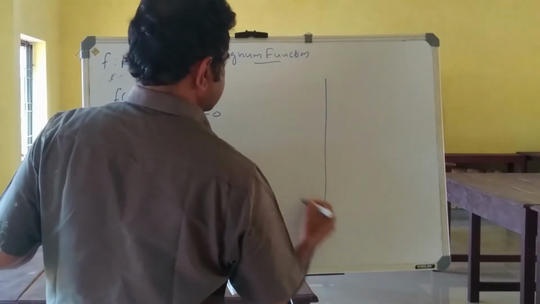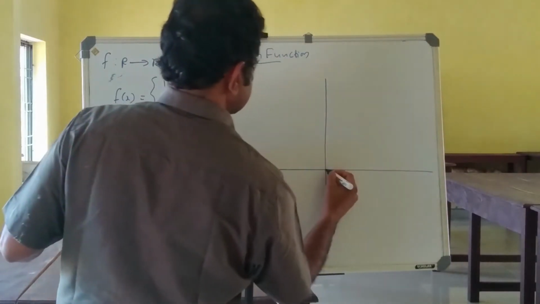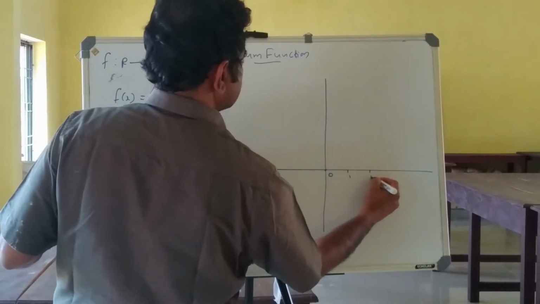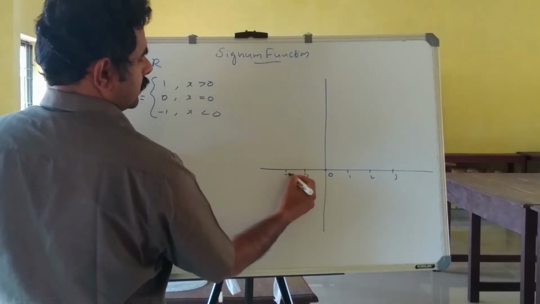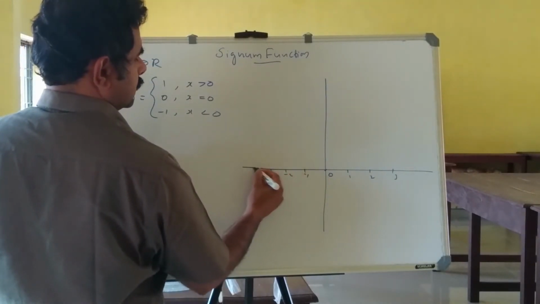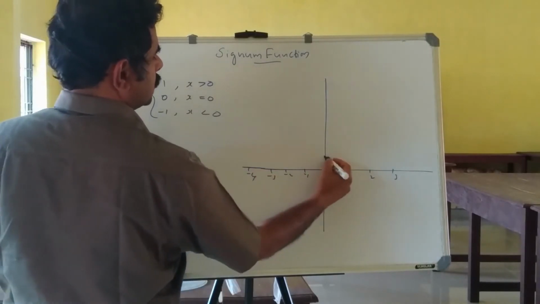So we can draw its graph. Draw the y-axis and x-axis, with 0, 1, 2, 3, and so on, and minus 1, minus 2, minus 3, minus 4.